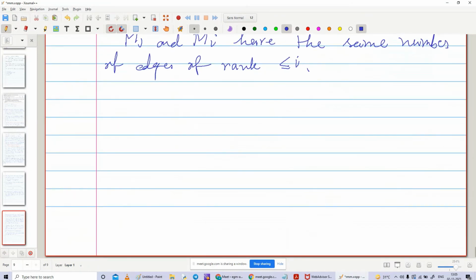The statement of the theorem is, for every k, two things we want to prove.